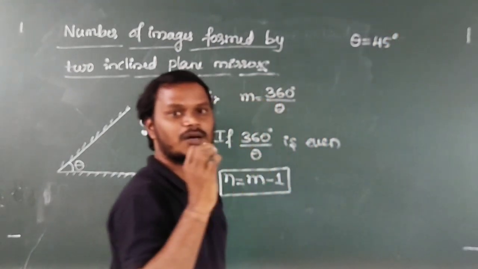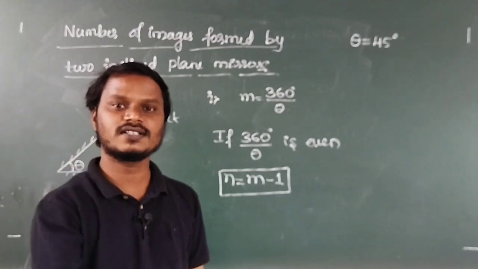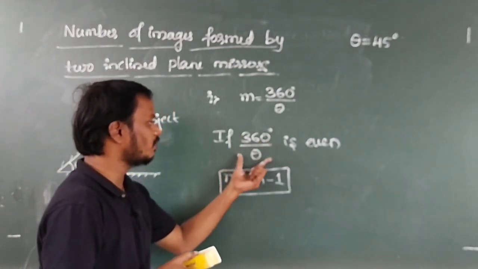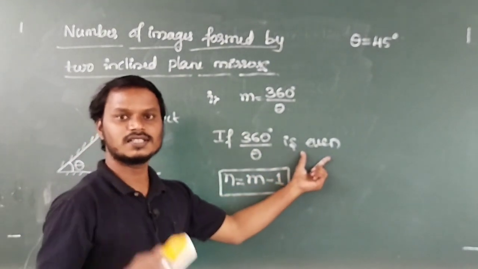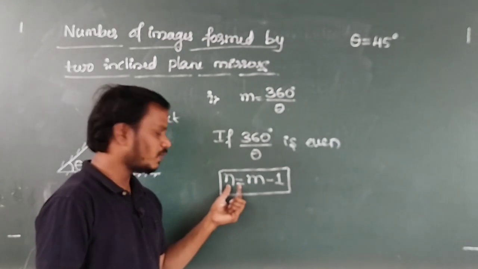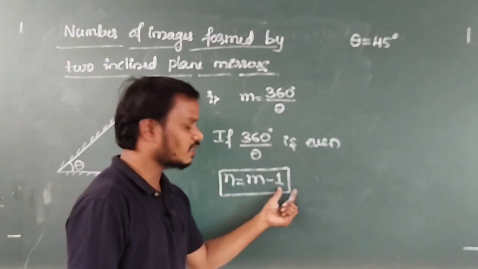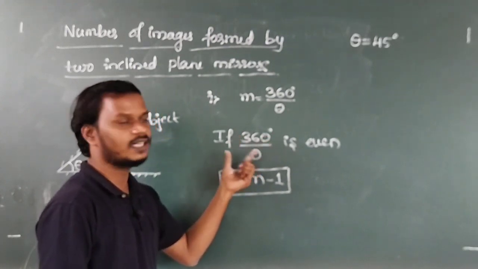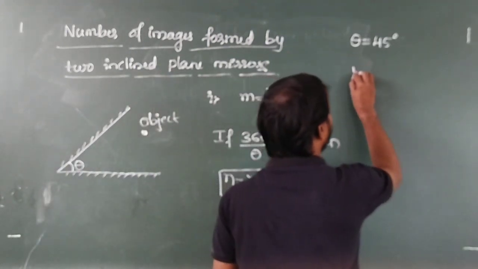However the object is placed, whether symmetrically or asymmetrically, if 360 degree by theta is an even number, the formula used to find the number of images formed by the two inclined plane mirrors is n is equal to m minus 1. What is m here? M is nothing but 360 degree divided by theta. First we have to find m.